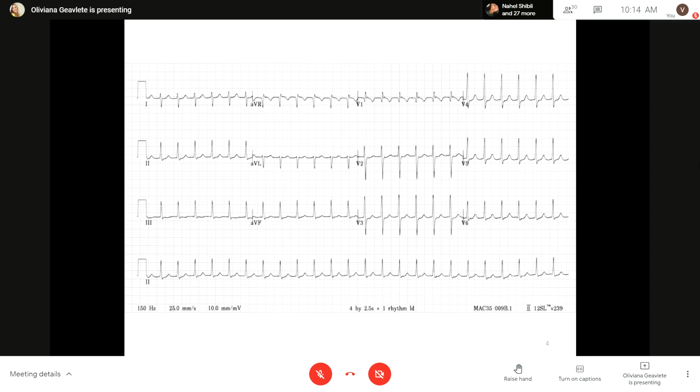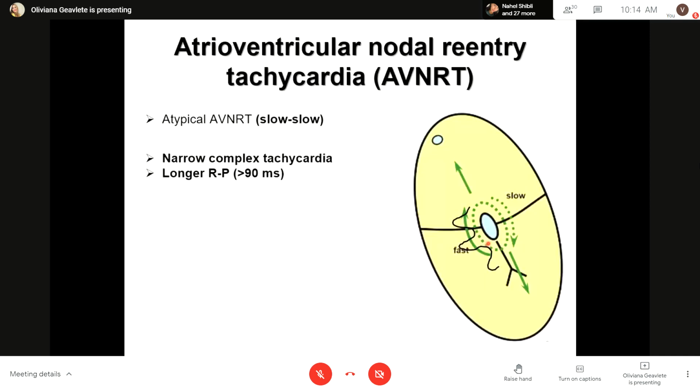Okay, we have the atypical AVNRT, and the atypical AVNRT uses just another pathway for the retrograde conduction, but not the fast one. So it can be slow-slow with two slow pathways, or it could be fast-slow, but it does not use the fast pathway to activate the atria.